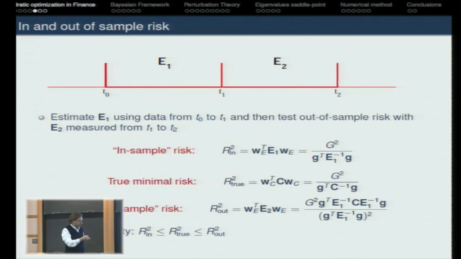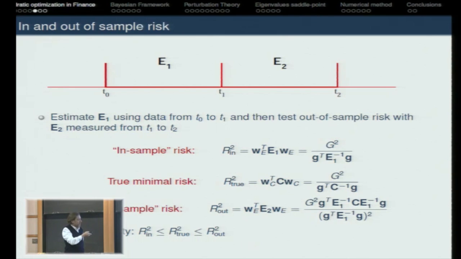Okay, so I can measure the in-sample risk, which is I optimize with E1 and I measure my risk with E1. There's a true minimal risk that I don't know, but I can think about it theoretically, which is that there's a true matrix C and there's a true optimal weight vector for C, which is given by this formula. And then there's the out-of-sample risk, which is I optimize with E1, but then I measure with E2.